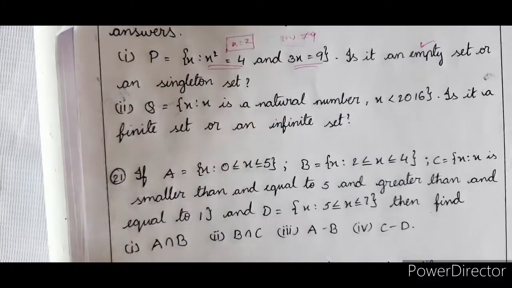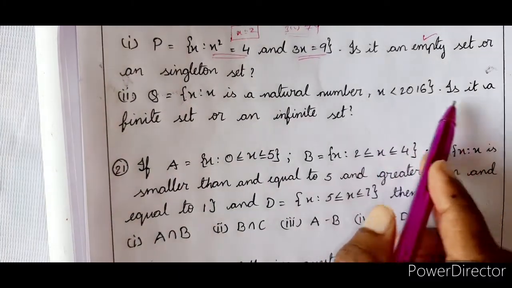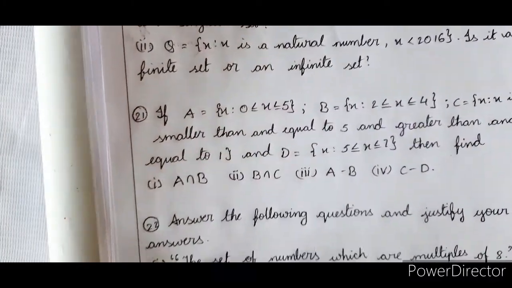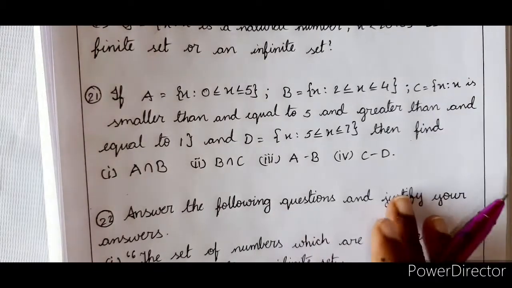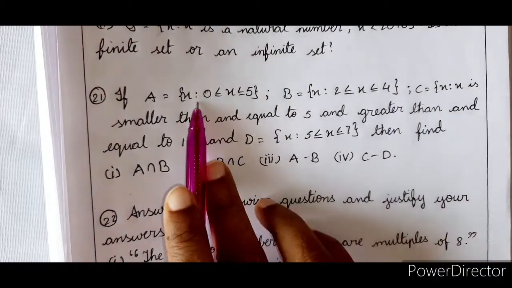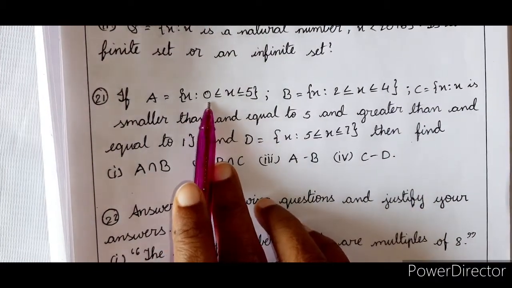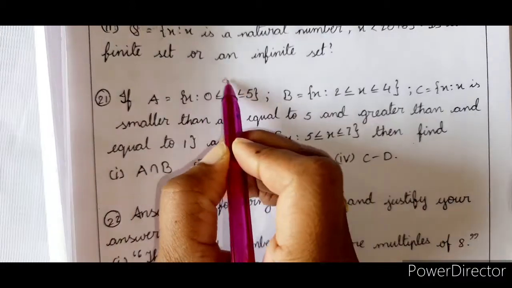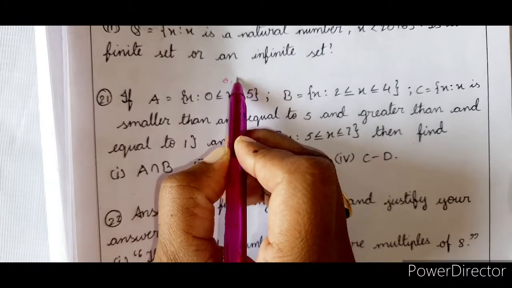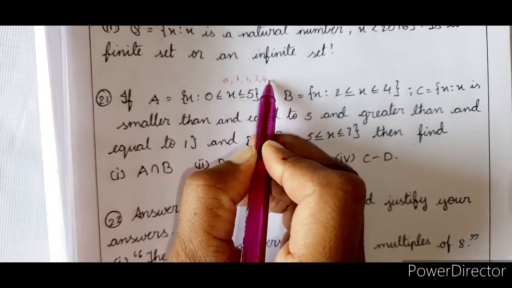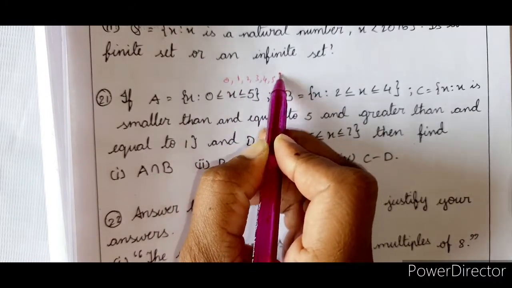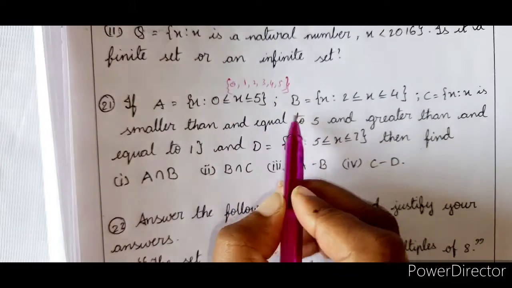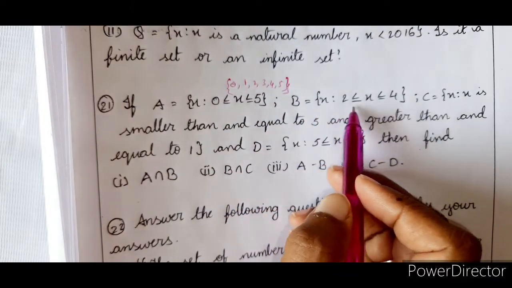X is a natural number, x less than this one. Is it finite? Just now we did the same kind. So now x such that x lies between 0 and 5. That means the elements are 0, because equal to is also there, 1, 2, 3, 4, 5 also. Equal to 5 is also there. Now it lies between 2 and 4.